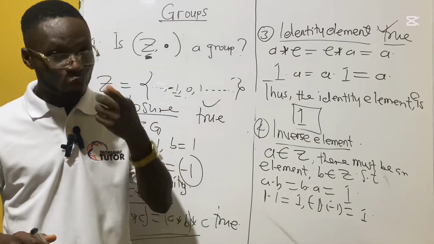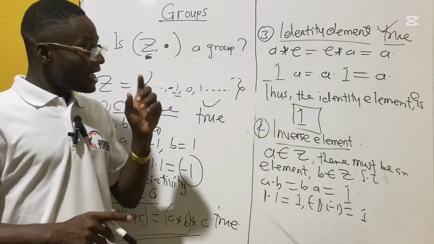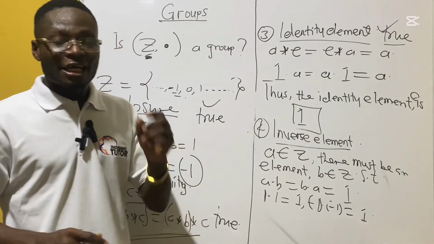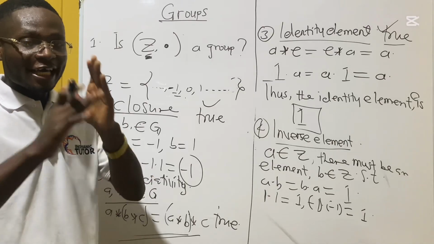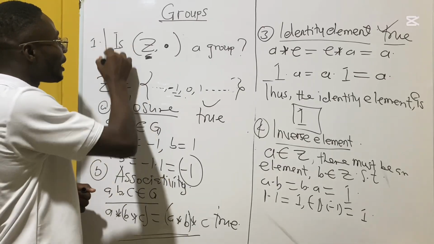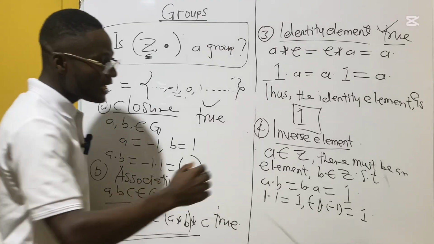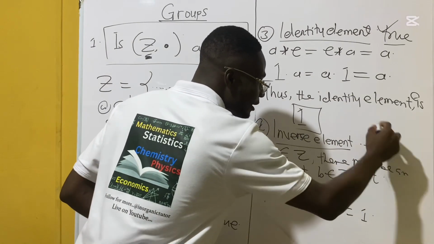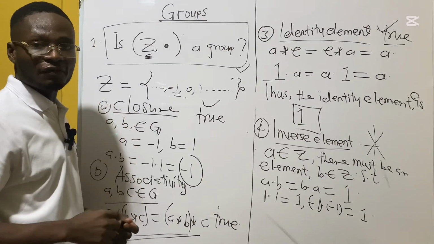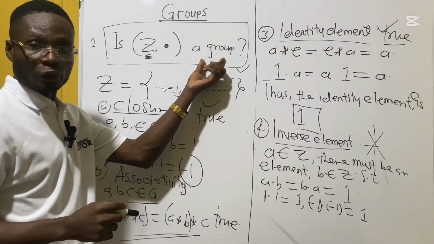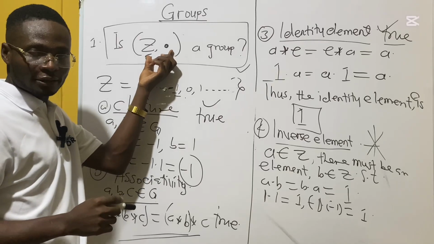So we can say with confidence that the inverse element destroys the properties. It makes this structure not a group. The inverse doesn't satisfy the property of a group for this particular question.